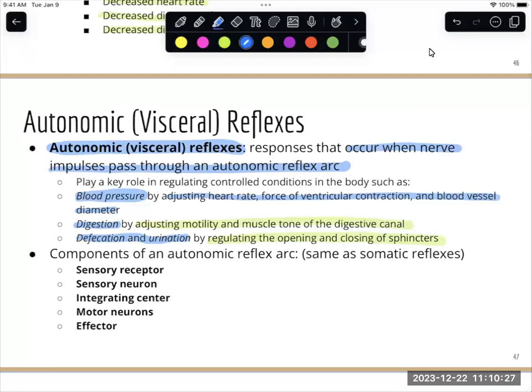So just like our somatic reflexes, the autonomic reflex arc is the exact same. So we have that sensory receptor, that connects to that sensory neuron that goes into the integrating center, usually in the spinal cord or the brain, depending on where it's coming from. And a motor neuron sends out information to that effector tissue. It's the exact same sequence.